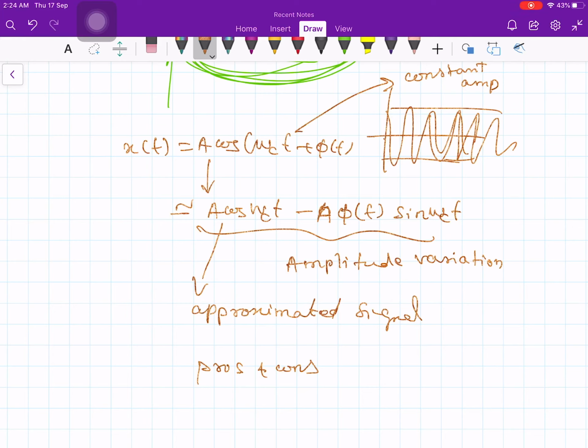At lower frequencies there is a slight problem, but otherwise it is a very good method, and it is used extensively in almost all commercial FM applications. As against this indirect method, let us spend a little more time on the direct method. That I will discuss in the next lecture.